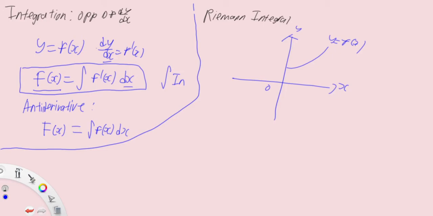Just like in differentiation, we're going to consider 2 points, let's say point A and point B. Now, from point A to point B, how are we to find the area underneath the graph? One way to do it is, let's take a rectangle, like this. Clearly, this is not a great estimate, because there's this top area right here that is not counted in.